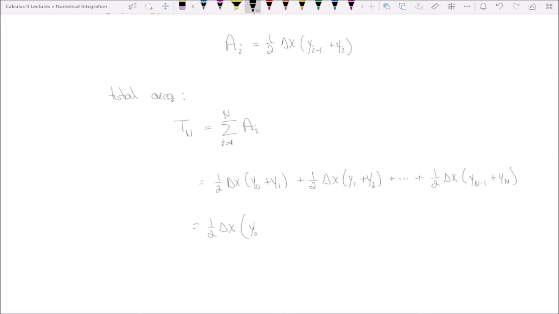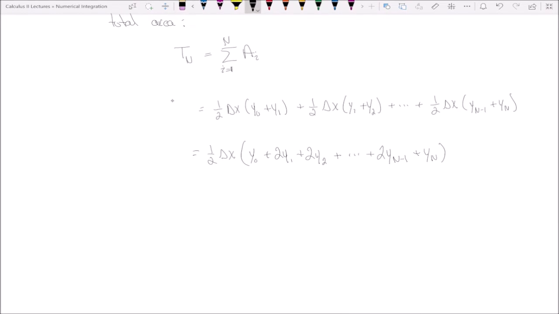Notice we're going to have two y1 terms. We'll have two y2 terms. We continue this way, we're going to have two y sub n minus 1 terms, and then just a single y sub n term. So this is our rule.